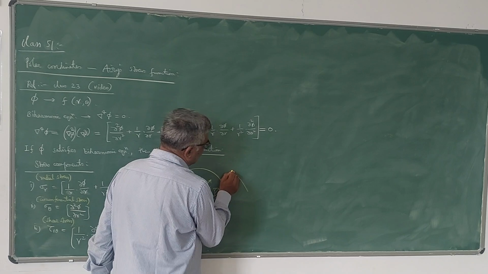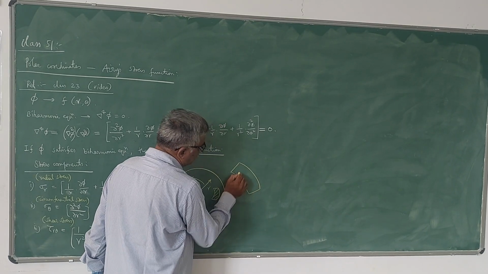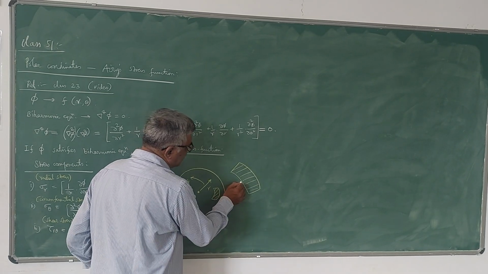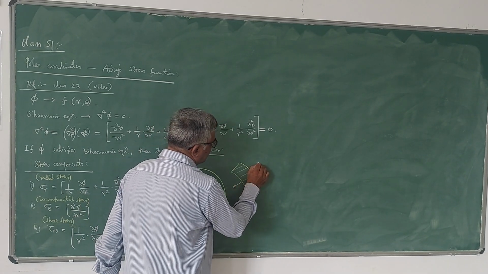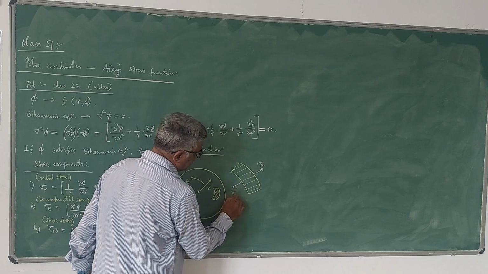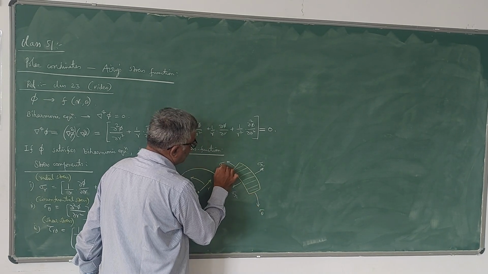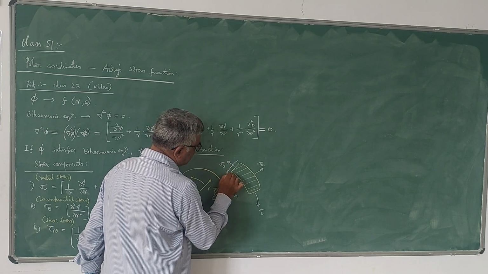So if you take an area like this, sigma r will be acting like this, sigma theta will be like this, tau r theta will be like this.